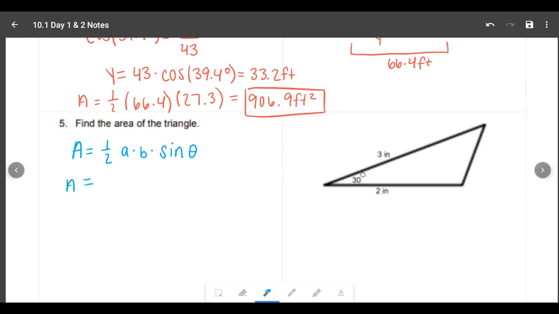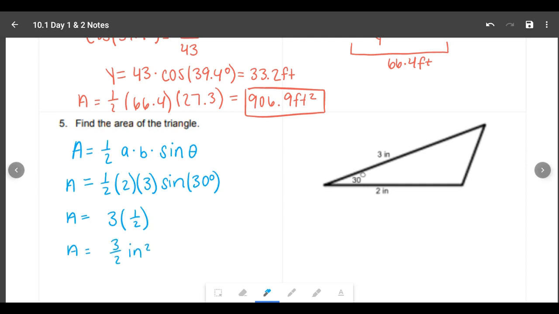So I'm going to say that the area is 1/2 times one side is 2 and the other is 3 times the sine of 30 degrees. Okay, well, that 1/2 and 2 are just 1. So 3 times sine of 30 degrees, which is just 1/2. So this area ends up just being 3/2 inches squared.